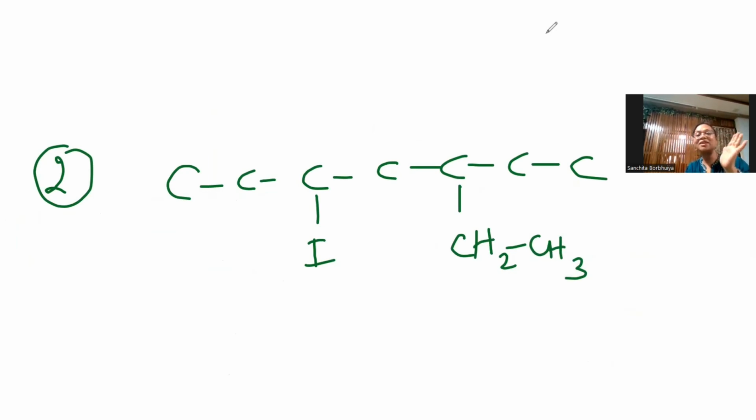And if I start numbering from left to right, the iodo gets number 3. Then, what happens at this stage? The priority does not work out. What works out is the alphabet rule. So in this case, either way you count, the addition would be 1, 2, 3, 4, 5, 6, 7.